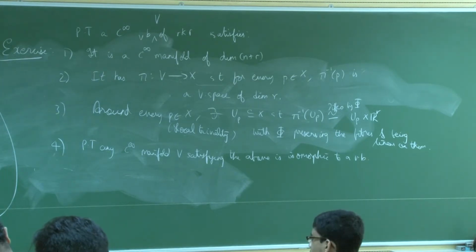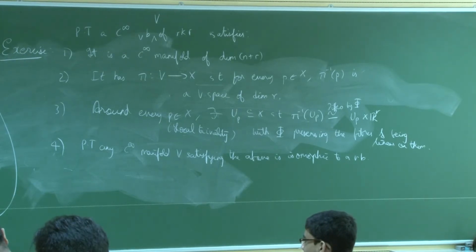So perhaps that's the usual definition you're accustomed to if you've seen vector bundles earlier. But for the purposes of differential geometry, this is somewhat more useful. You just construct quantities locally and check whether they transform correctly or not. That's the idea.